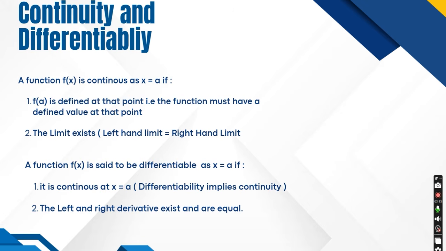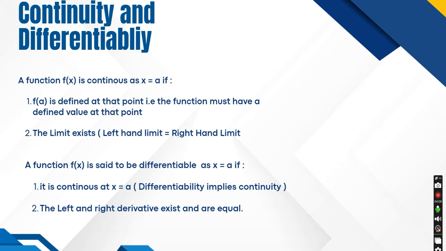So at that point a, if the function f of x has a defined value, a value which can exist on our real line, not a complex number, then we consider that function to be continuous. We're going to illustrate that. Then we also have the limit: the limit exists when the left hand limit is equal to the right hand limit.